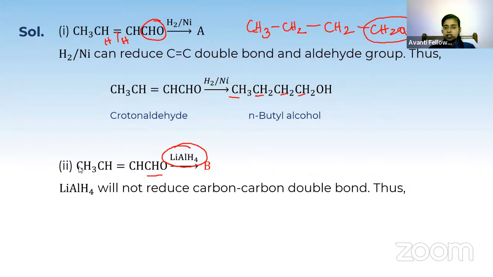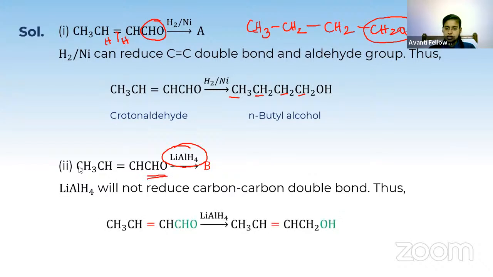So only the CHO group will be converted to CH2OH. Got it? And this is called crotyl alcohol. These are the common names. Clear? Clear for all?